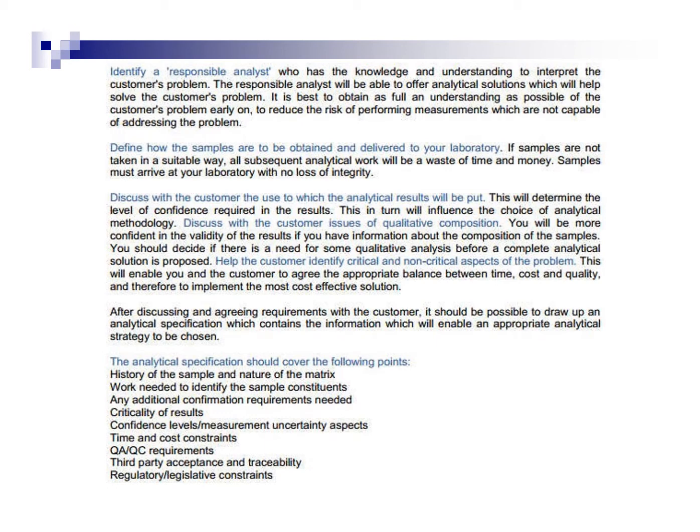And apart from that, we should discuss with the customer the use to which the analytical results will be put. This will determine the level of confidence required in the results. We have to discuss with the customer the issue of qualitative compositions and help the customers to identify the critical and non-critical aspects of the problem.